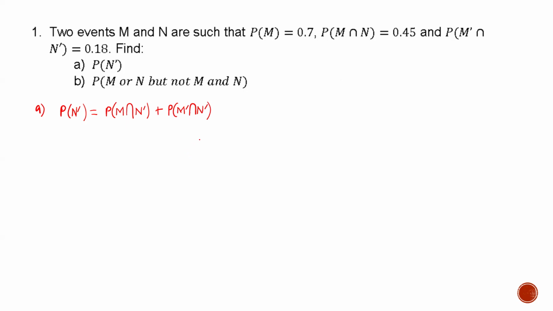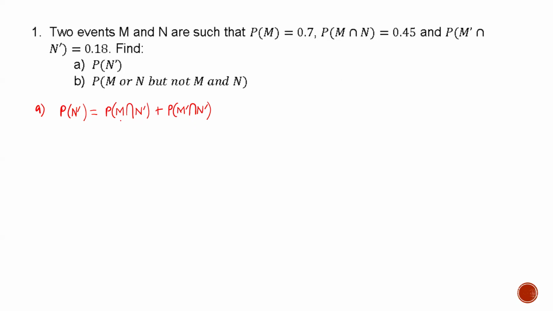This is true because the probability of N not happening is the sum of the probabilities when it happens with M and when it happens without M. So N not happening can either happen with M or it can happen without M.